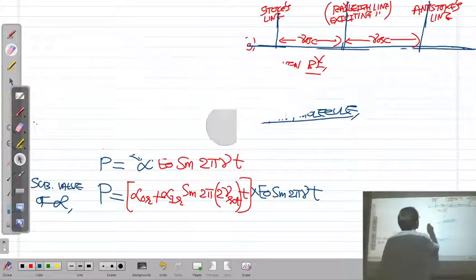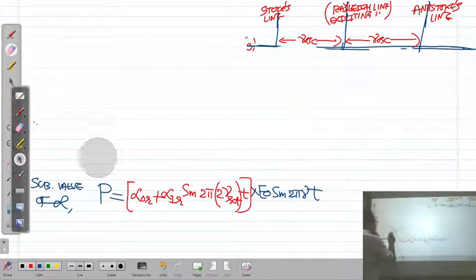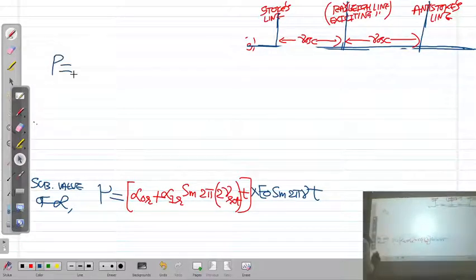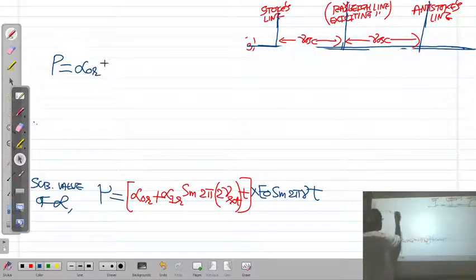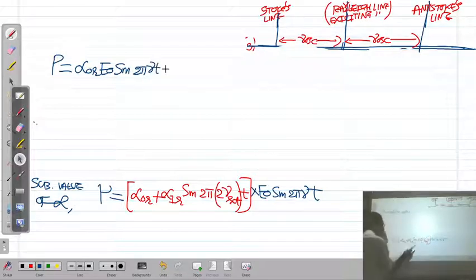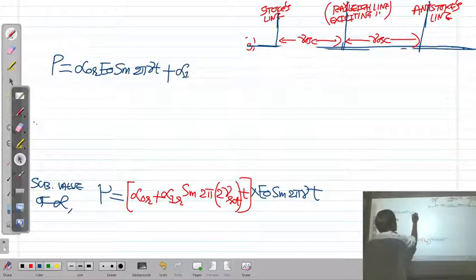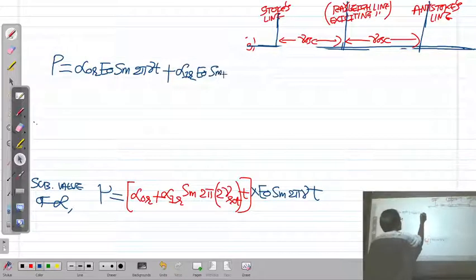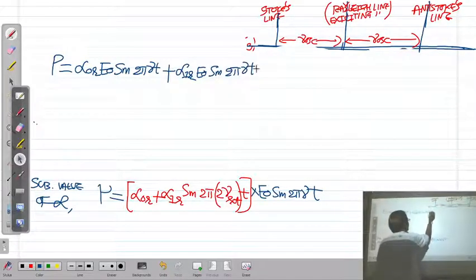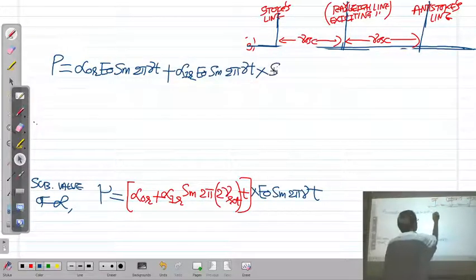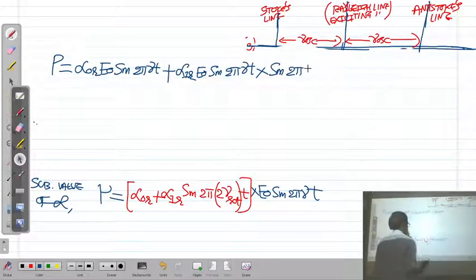This equation can be written as P is equal to alpha 0r E0 sin 2 pi nu t plus alpha 1r E0 sin 2 pi nu t into sin 2 pi 2 nu rho t.